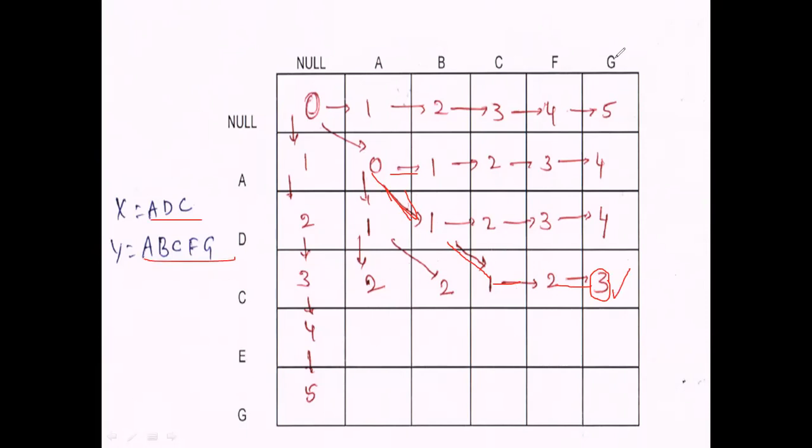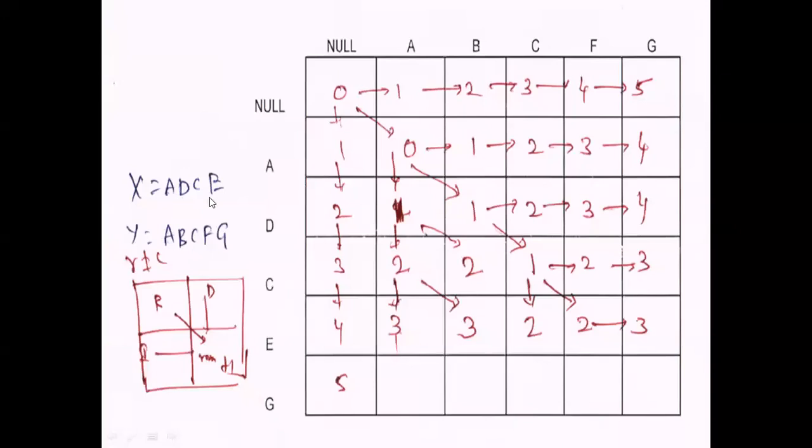So next slide, next we consider ADCE, that is ADC converted into A, and the total number of operations. That is how we perform the total number of operations.